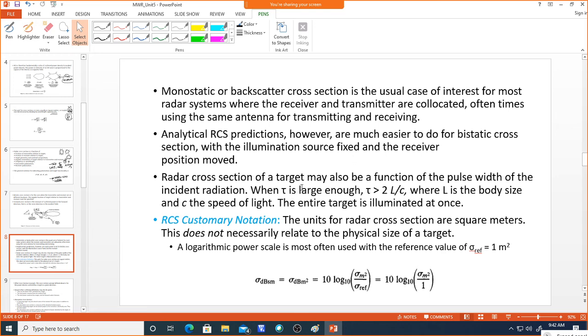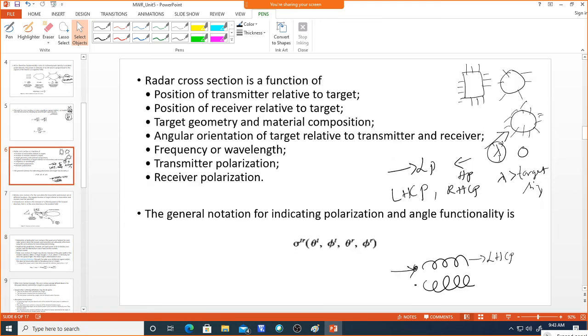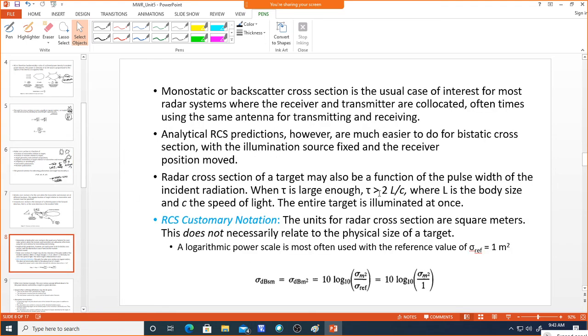Now, if the pulse width is large enough, that is, tau is greater than 2L by C, where L is the target size and C is the speed of light, then the entire target will be illuminated. As I said, if lambda is far greater than the target size, and tau, the pulse width, is also large, it will illuminate the complete target.